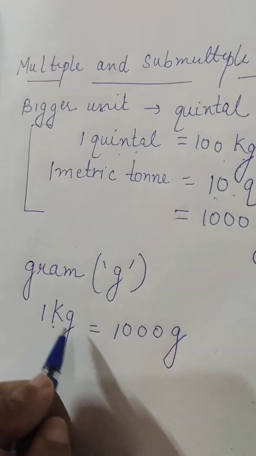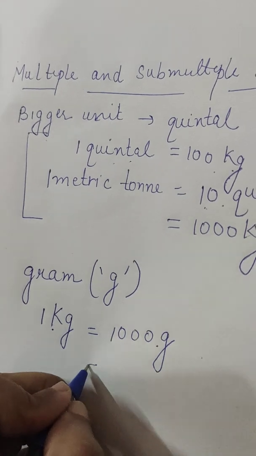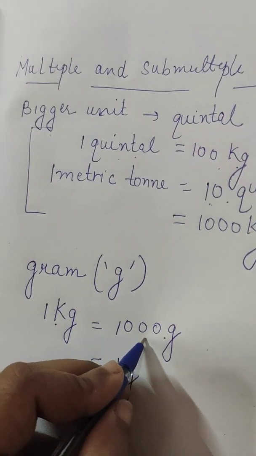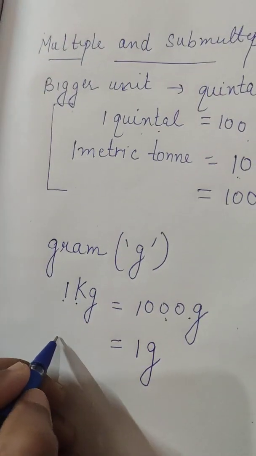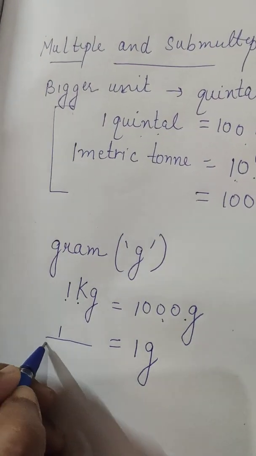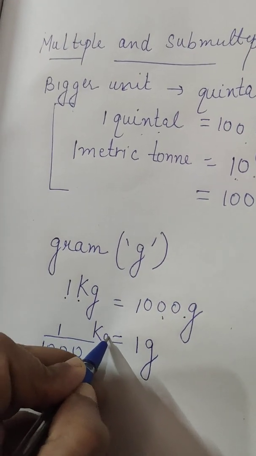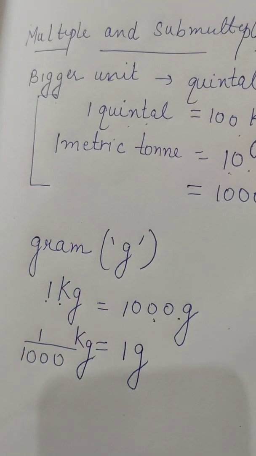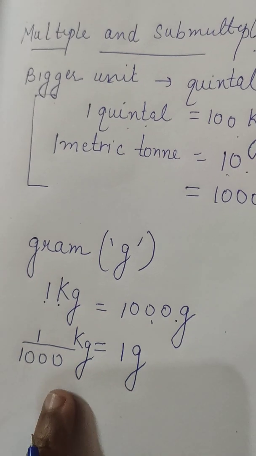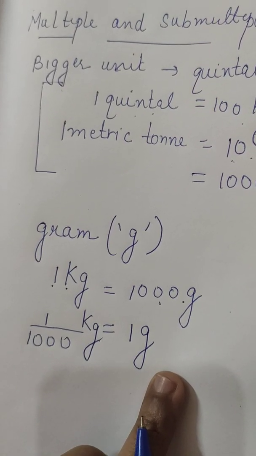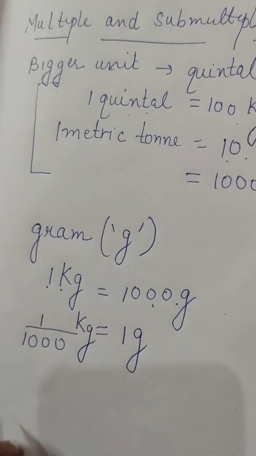So beta, 1 gram is equal to, this numerator will come into the denominator, 1 upon 1000 kg. 1 gram is equal to 1 upon 1000 kg.